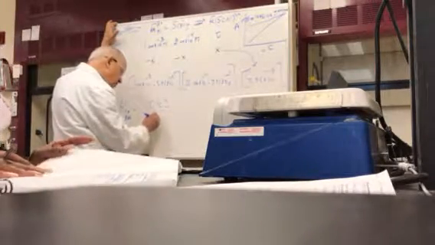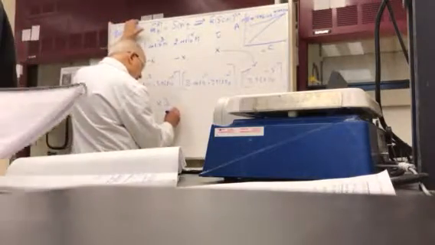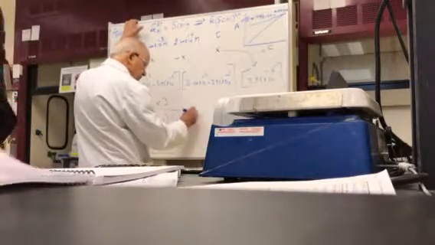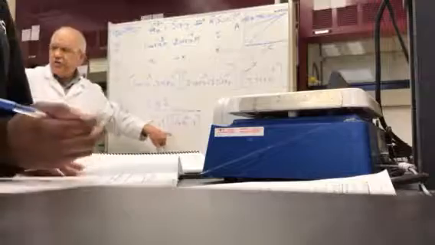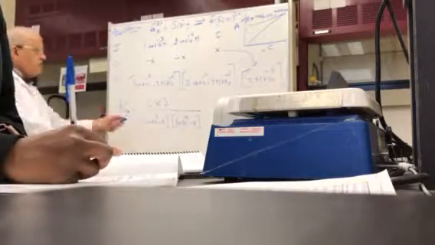And this will be 1.00 times 10 to the power minus 3 minus X, and for test tube number 3 it will be 6.0 times 10 to the minus 4 minus X. Look at your data: test tube number 3 should be 6 times 10 to the minus 4 minus X. Guys, this is the equation you need.